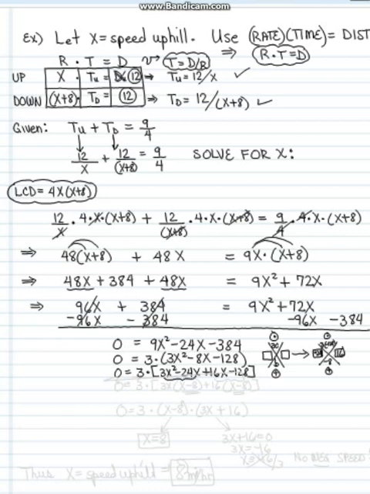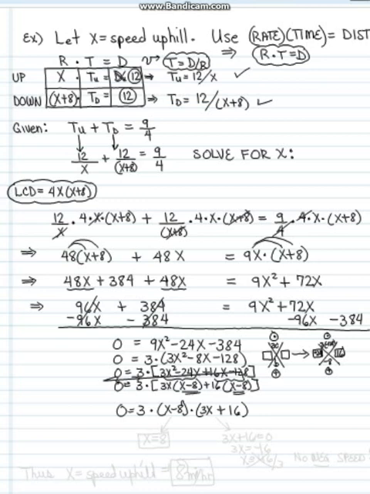Now factor by grouping, since we have 4 terms. 0 equals 3 times. Here the greatest common factor is 3x times x minus 8. Here we have positive 16 times x minus 8. The miracle has occurred. Factor out the miracle factor: we have 3 times x minus 8 times what remains, which is 3x from the first piece and 16 from the second piece.